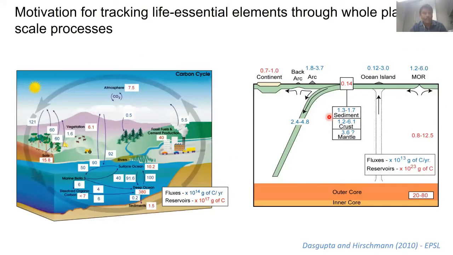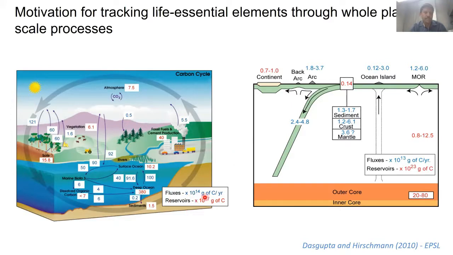Again, the reason we are interested in tracking life essential elements through the whole planet scale process, and thinking about the origin in the whole silicate reservoir, the non-metallic reservoir of our planet or any other rocky planets, is the fact that when you think about any life essential volatile elements, such as carbon in this particular slide, carbon cycles between the near surface reservoirs of our planet, between hydrosphere, biosphere, atmosphere, and so on, on relatively rapid timescales. They transport on the order of 100 to 1,000 year timescales.